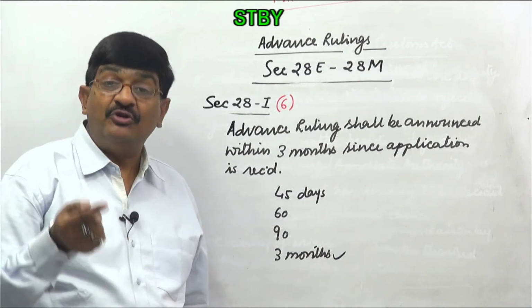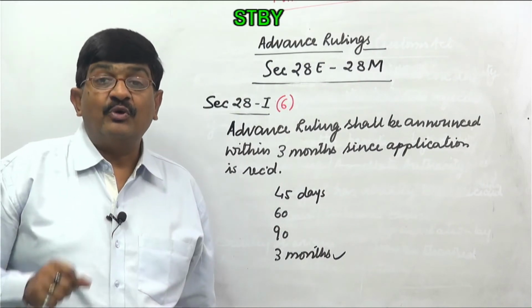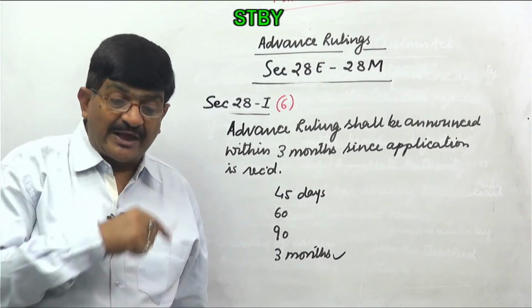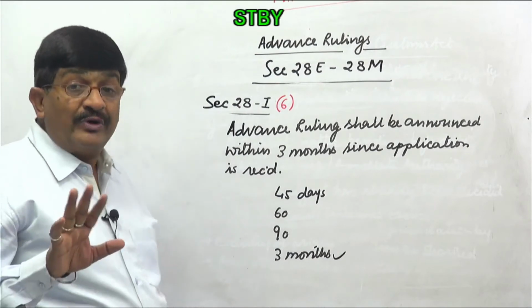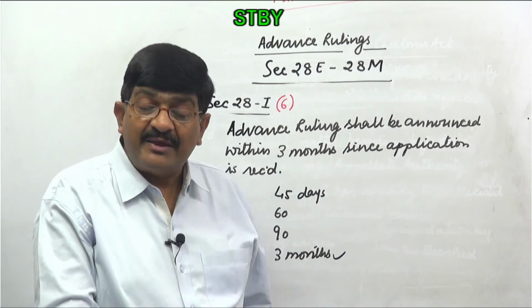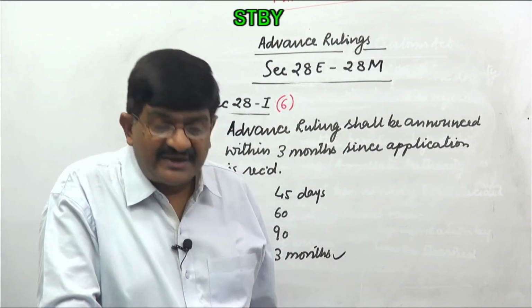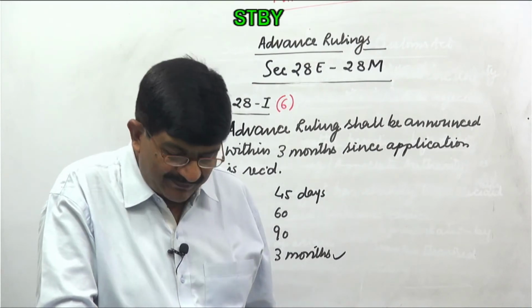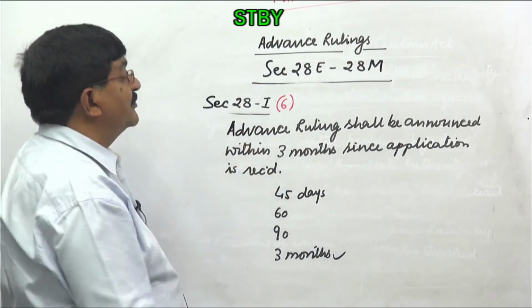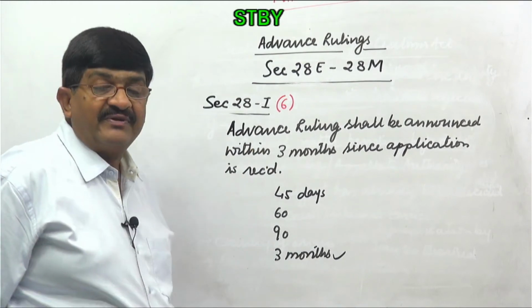And that is what I've been doing everything on the board, so that you have every minor and finer point noted in your notebook. So this will help you to revise, right? So only practicing MCQs is not going to serve any purpose for you. Understanding the law is going to help you in every way. Okay. Anyway, so this advance ruling shall be announced within 3 months since application is received.